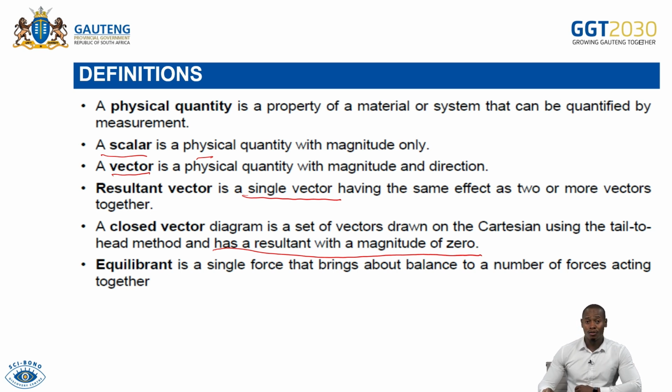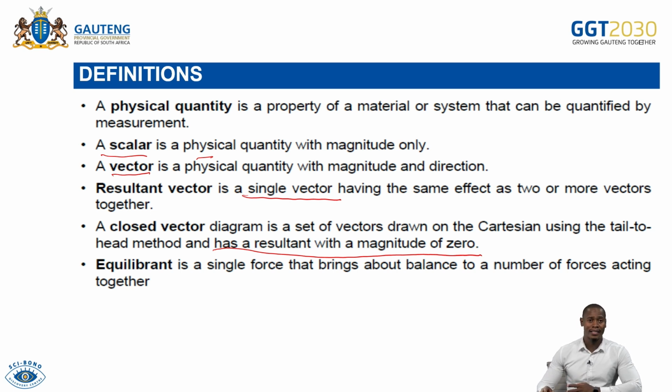If, for example, you are dealing with forces, when you draw the vector diagram of those forces, you should know that the resultant will be 0. Those forces will form a closed vector diagram, so the magnitude of the resultant there equals 0.